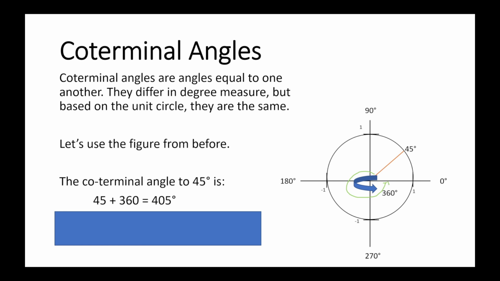If I add my original angle and 360 degrees, that means I've made a full pass around and I'm right back where I started at this dark red line. So a coterminal angle is going to end up being exactly where my original angle is. The difference is just that I'm going around the entire circle. So the number gets bigger in this case, but they're in the same place, if that makes any sense.